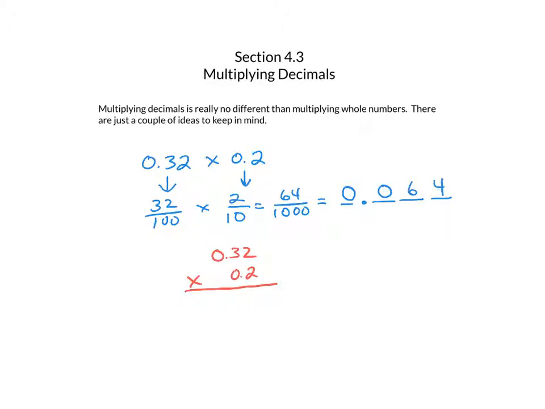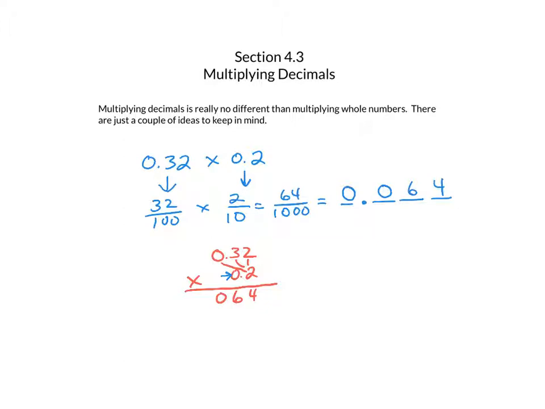So all I'm going to do is write the number, and then multiply just like I would normally multiply. 2 times 2 gives me 4. 3 times 2 gives me 6. 0 times 2 gives me 0. So I get a 0.64. I don't need to multiply this 0 right here times anything, because 0 times anything is just going to give me 0. So I just get a 0.64.